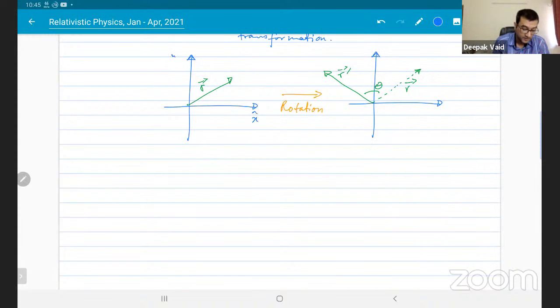Our basis vectors are X and Y. These are not changing. The components of R, when R becomes R prime, are changing. You can see that from this picture. R has some components, R prime has some components, and it is those components which are changing.